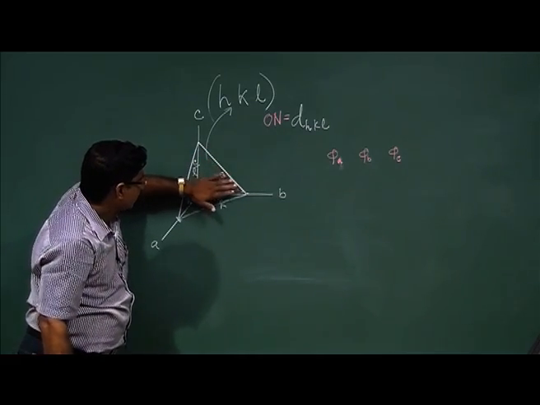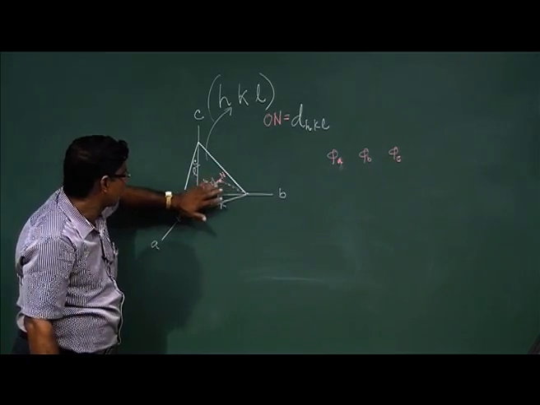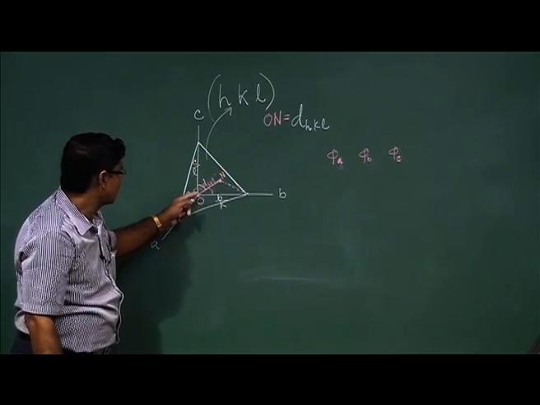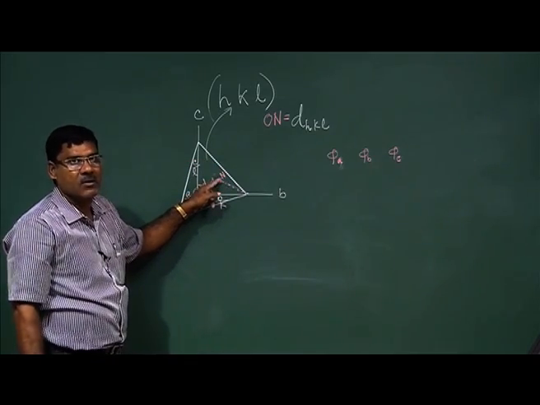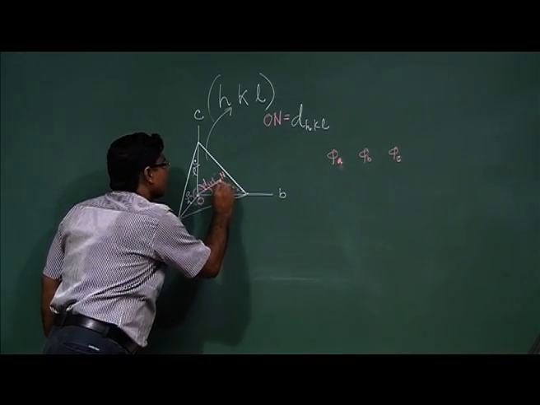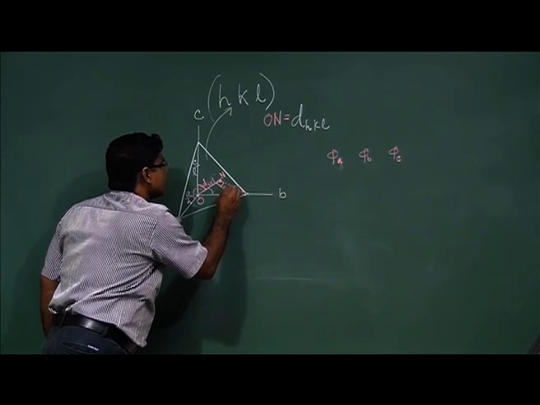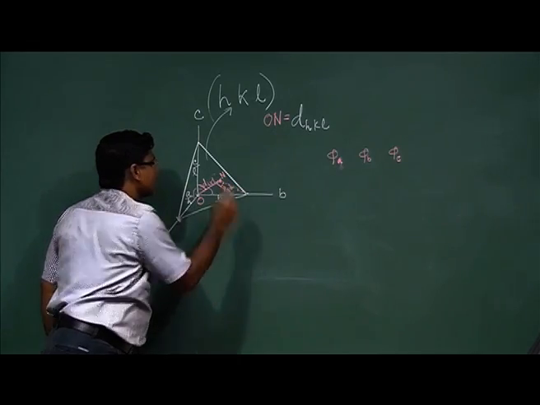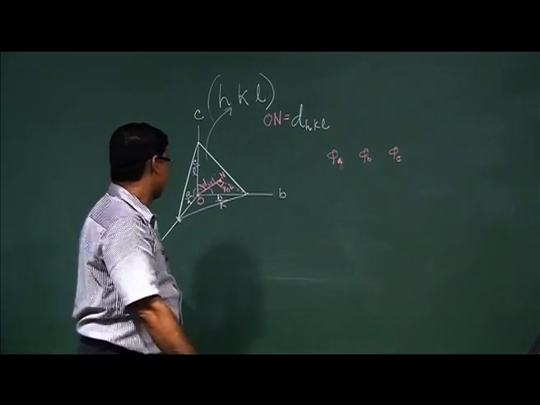This dotted line is on the plane, and this one is normal to this plane. So this angle is 90 degrees, this angle is 90 degrees, and this angle is 90 degrees.